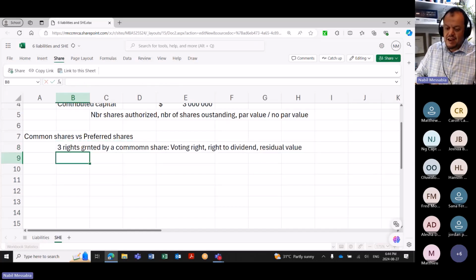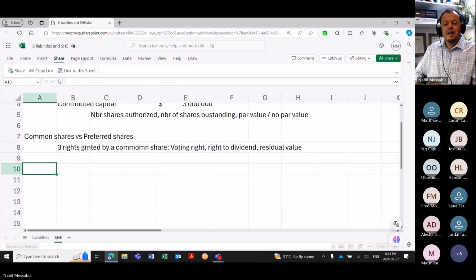Okay. Now, as you can see, the voting right maybe doesn't mean anything for some people. Small investors like me, who do not have 20% or 10% of the company, are just making a few thousand dollars of investment to get some profit. The voting right is nothing for them.